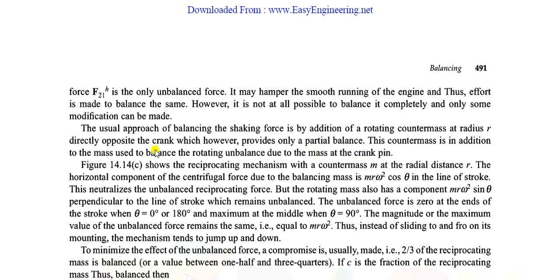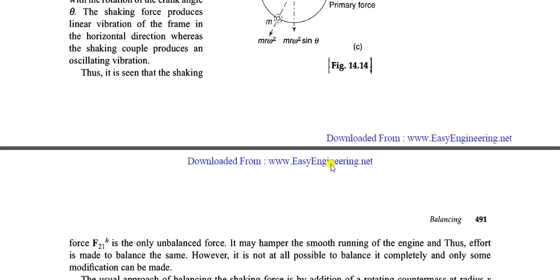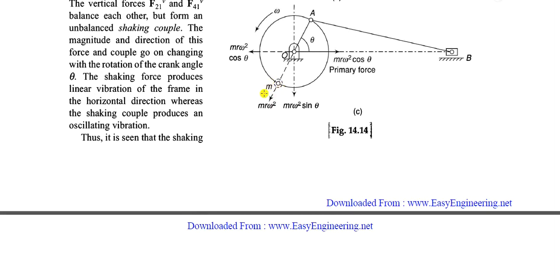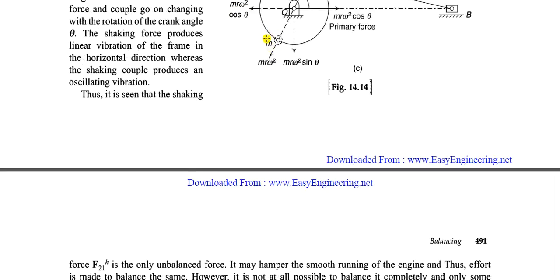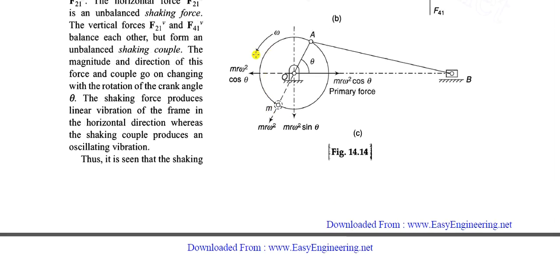Please understand, this counter mass which he is calling M, in my notes is written as b just to make it different. So this M is the additional mass which we have added just to counter the reciprocating unbalance.